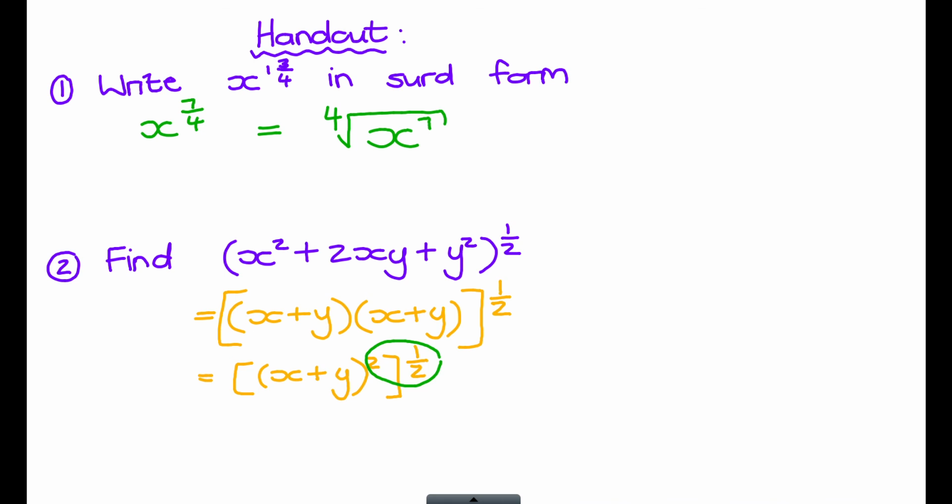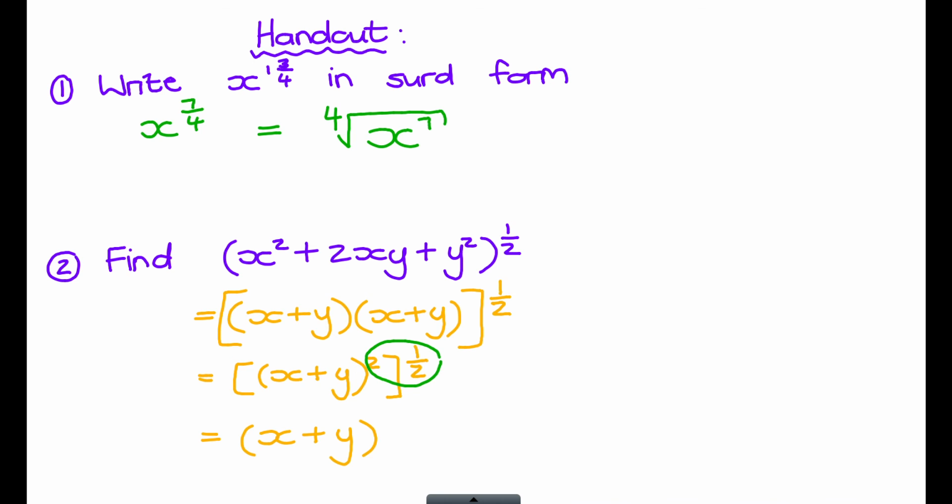En 2 keer 'n half gee mos vir my 1. And that is why you'll see your final answer there is just x plus y. Want is eintlik x plus y tot die mag 1, maar ons skryf mos nie daai 1 nie, nee. Jy kan hom net gelos het x plus y. Alright. You guys good?